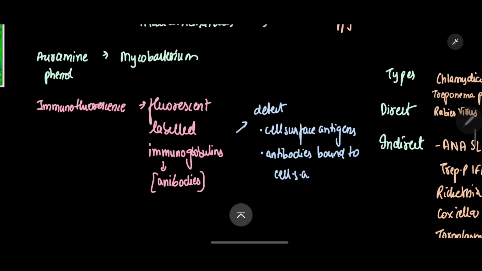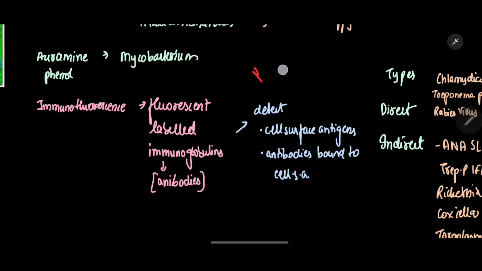brief overview of what happens in immunofluorescence. So because the name has immuno in it, that means we are going to use immunoglobulins. Okay, so we will take some immunoglobulins, which are your antibodies, the Y-shaped antibodies, if you remember.